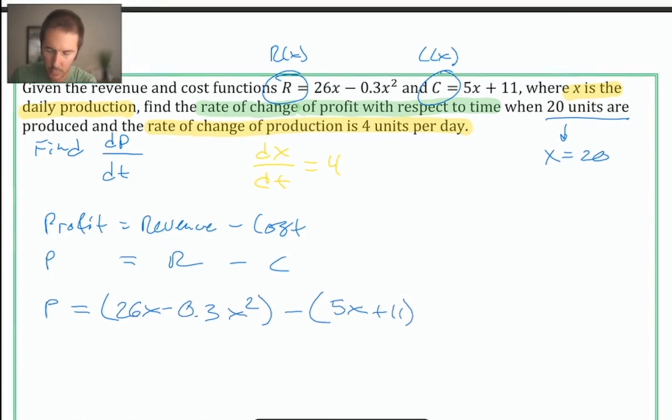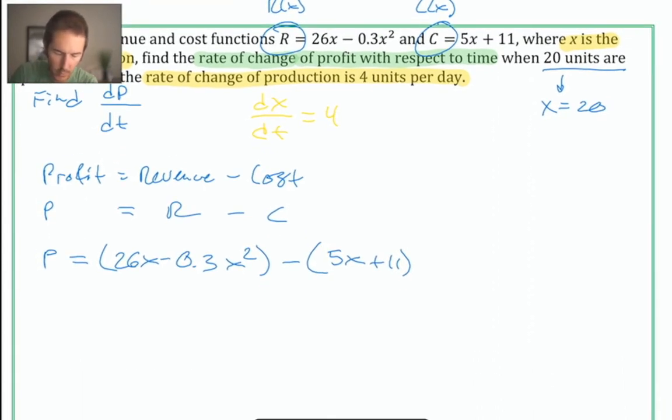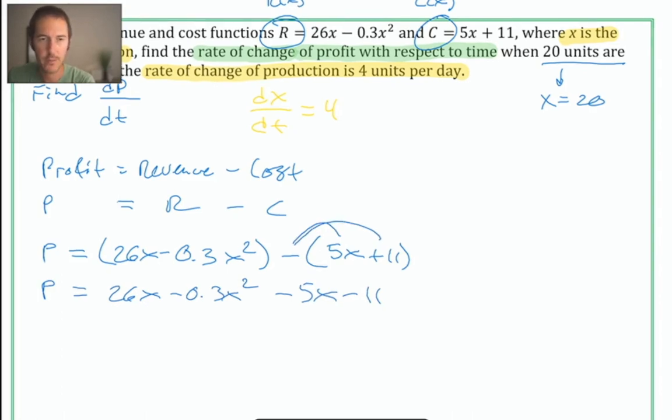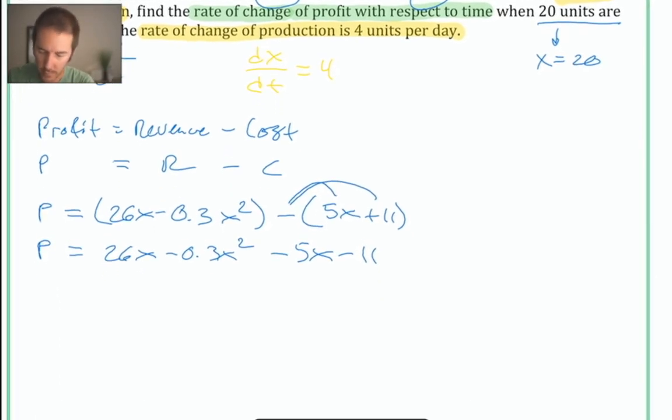And then let's get rid of these grouping symbols as we were taught. I never liked that. Eliminate the grouping symbols. Get rid of the parentheses. 26x minus 0.3x squared minus 5x minus 11. So I distributed this minus sign into my parentheses. Can we combine like terms? Let's put a little note out here: DIST and then CLT for combine like terms.